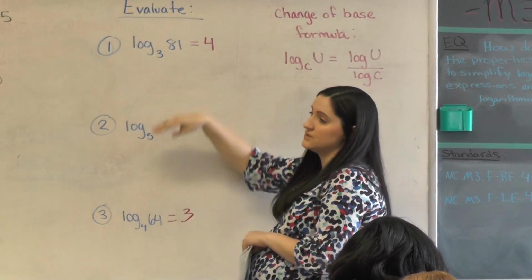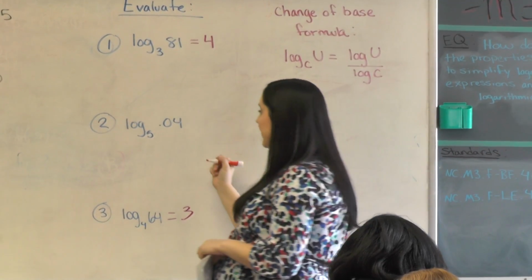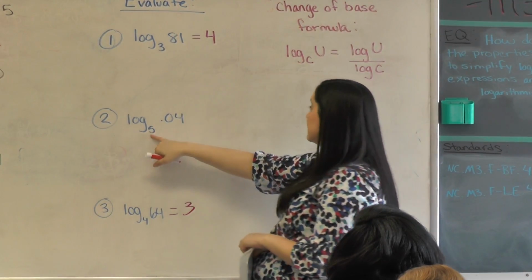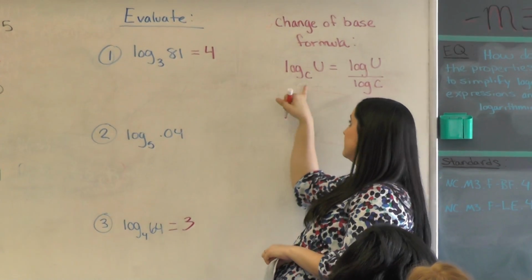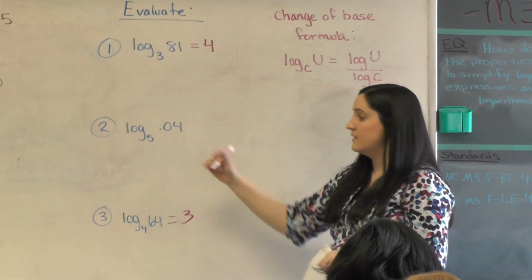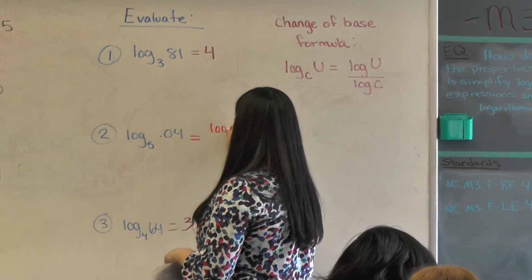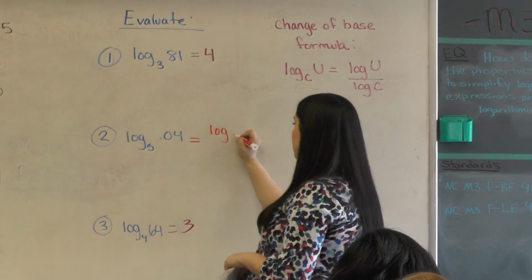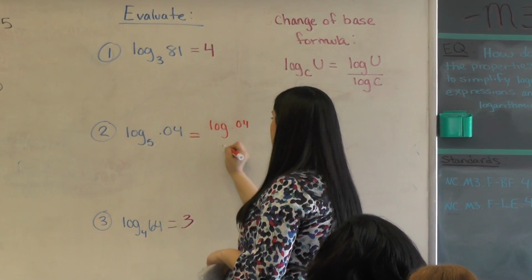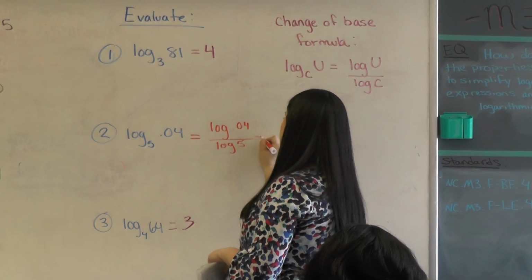Okay, and you can do it with these two. Those were just easy. Okay, so if I use this is my C, 5, and so if I change the base to base 10, I'm going to say log 0.04 divided by log 5.